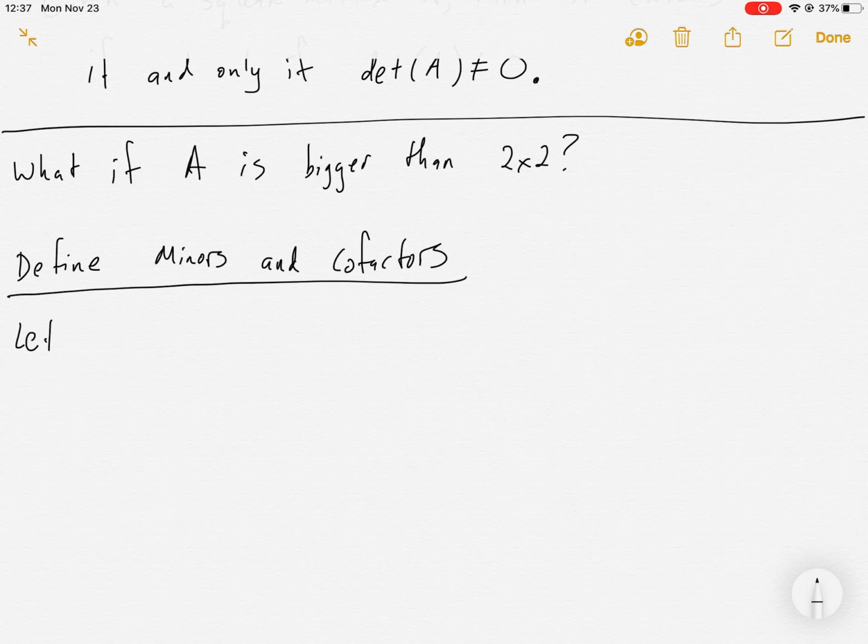So in order to do this, we're first going to let A be a square matrix. So once again, that means n by n.